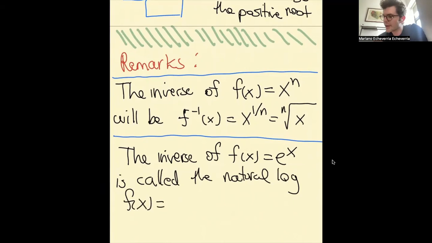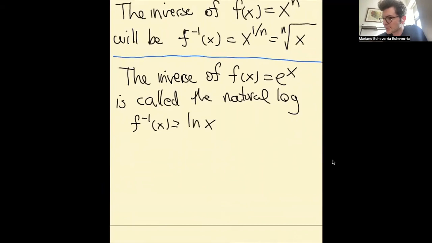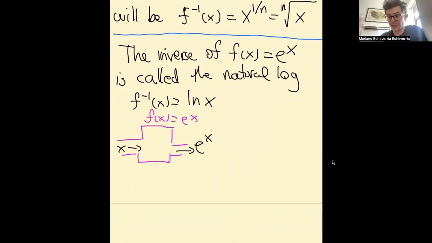The way in which we will write it in this course is ln of x. So if you start with x and you get e to the x using the exponential function, then the inverse runs in reverse.